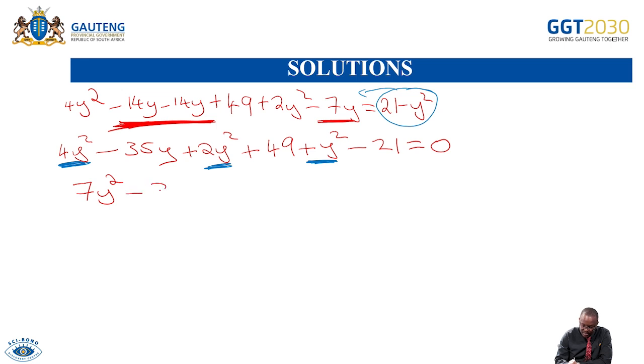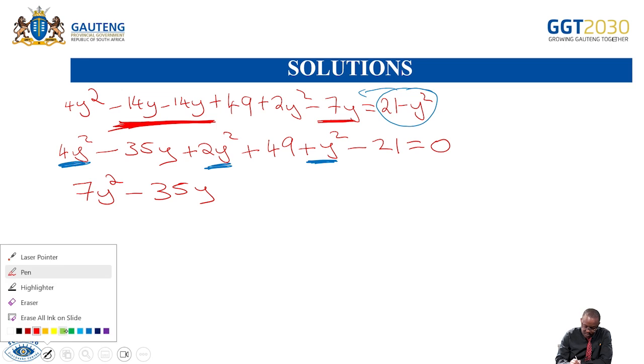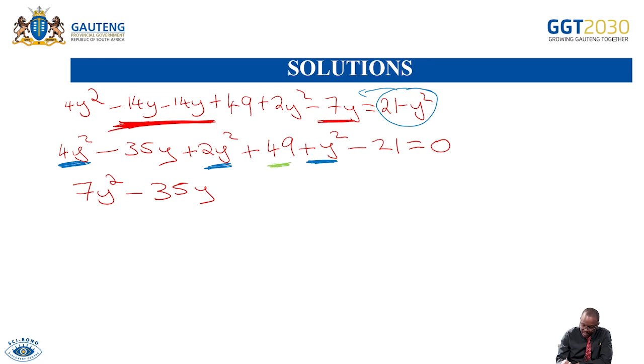Then we are only left with what? We are only left with 49 minus 21, and you are now getting plus 28. It's equal to 0. So now that's where you get another mark there.